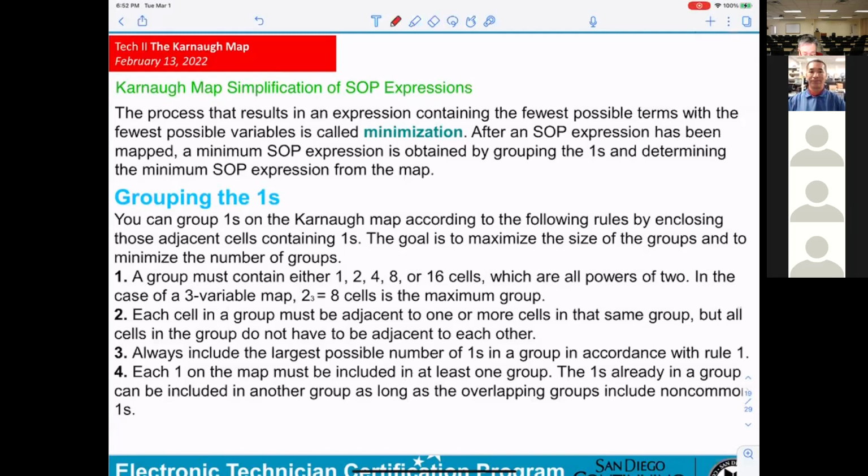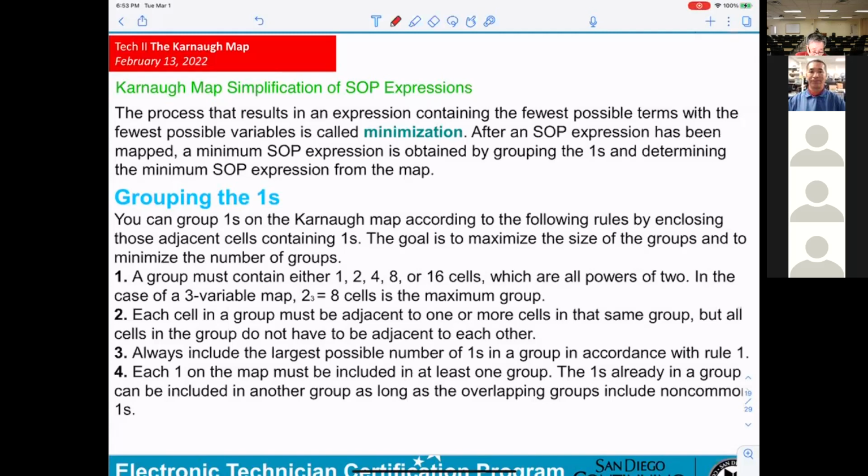You cannot loop 3, cannot loop 5, 6, 7, okay? Which are powers of 2. In the case of a 3-variable map, 2 to the power of 3 will be 8 cells in the maximum group.